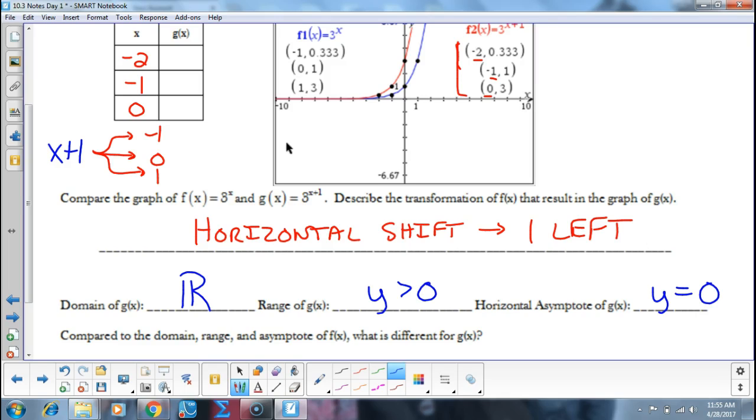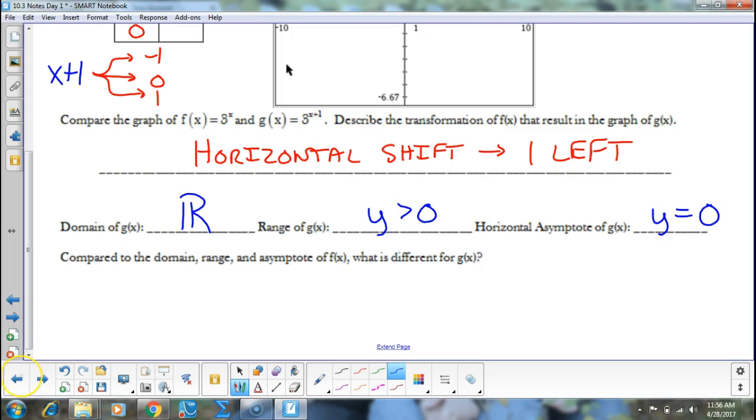Okay? For horizontal shifts, those three values will not change. So all of those are the same. Only change is the y-intercept.